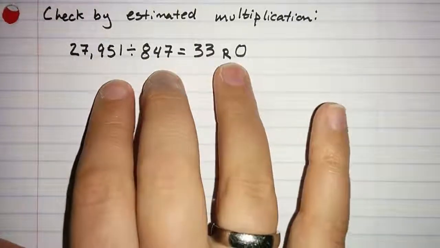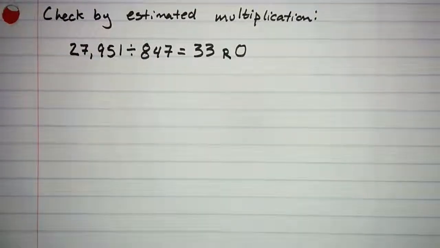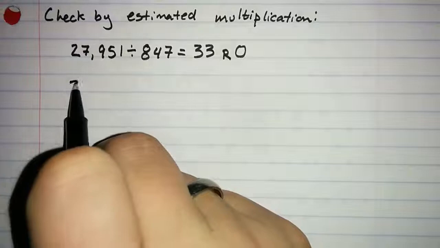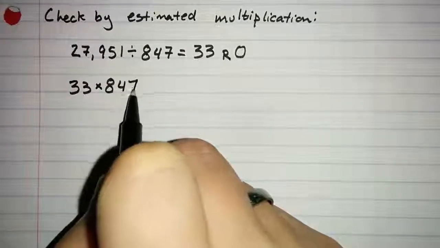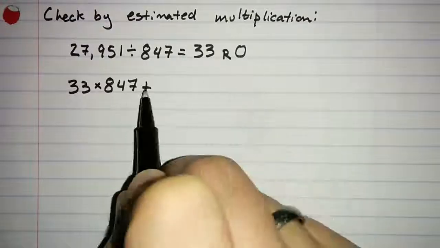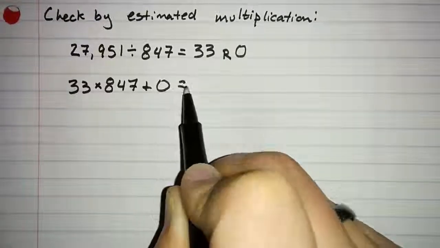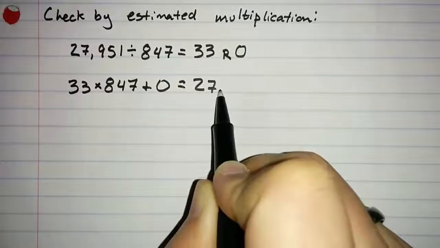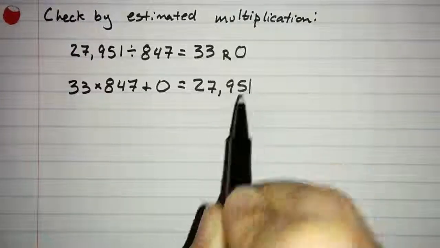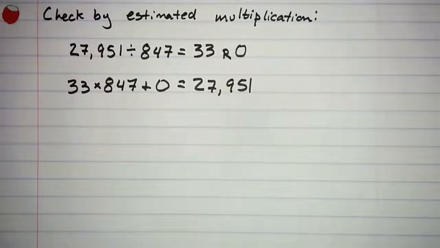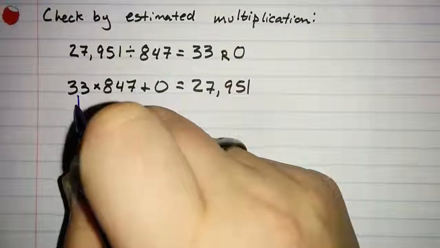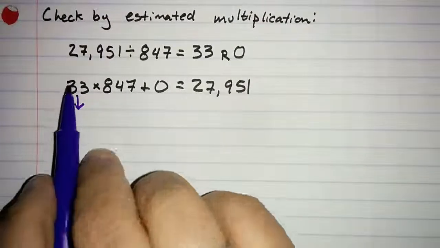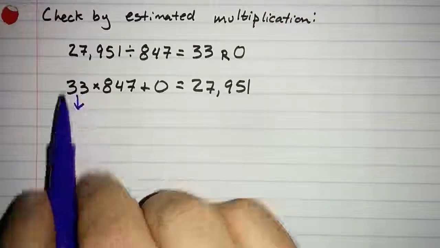Alright, rewriting this as a sentence with addition and multiplication, I get 33 times 847 plus remainder 0 is 27,951. To estimate the product, I want to round each of these to have one non-zero digit. 33 is between 30 and 40.